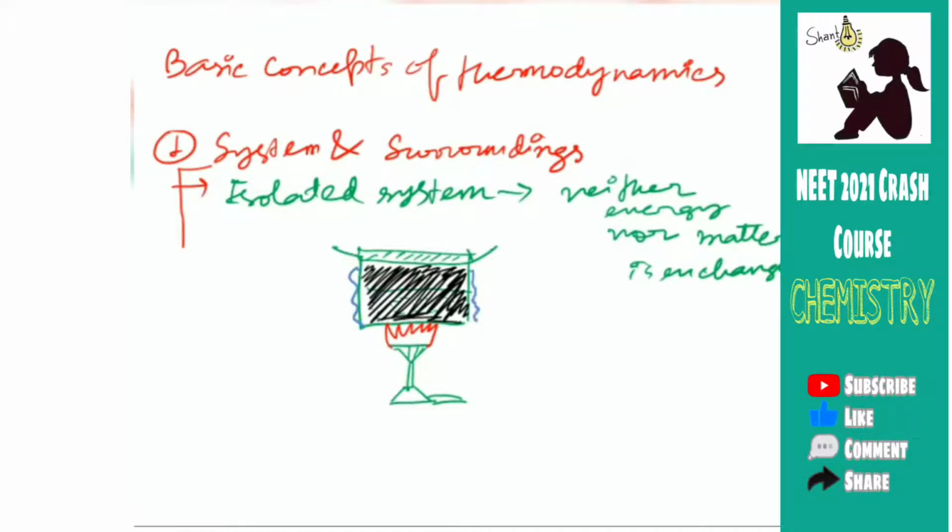So if we heat this jar now, because of the lid, water is not gonna go out, and because of this black painting and heat resisting paper covering, heat also won't go out. So neither energy nor matter is being exchanged with the surroundings. So this is our isolated system. So here our system is done.